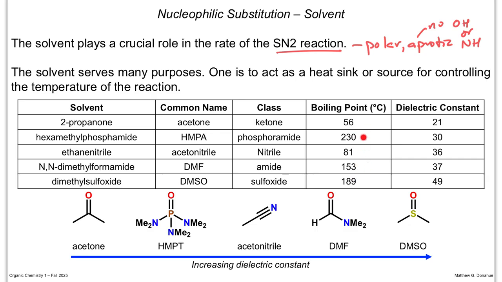The boiling points are important because if we do have to apply heat, DMF and DMSO are usually the ones that are employed most often because then you can really crank it up. And again, if you're thinking about water at 100 degrees, with DMSO you can go to about twice that.